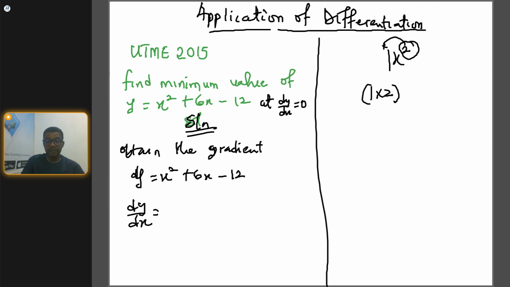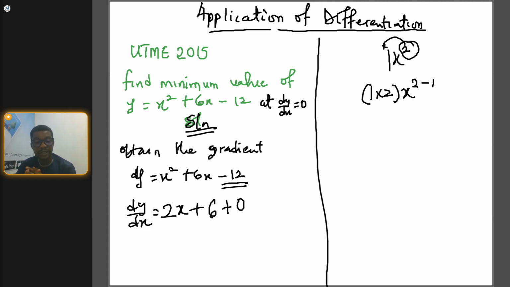Write your x again, then subtract 1 from the power. That's going to give you 2x. Then differentiating 6x will give you 6. And differentiating 12, we are going to get 0 because 12 is a constant. Differentiation of a constant is 0. So we have dy dx equals 2x plus 6.